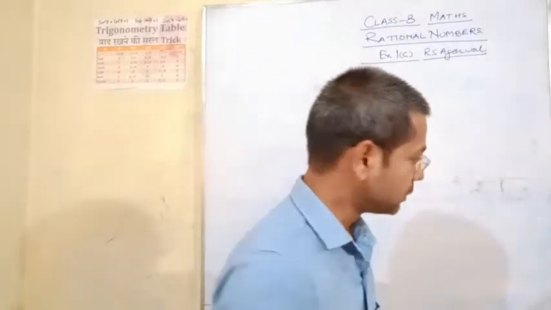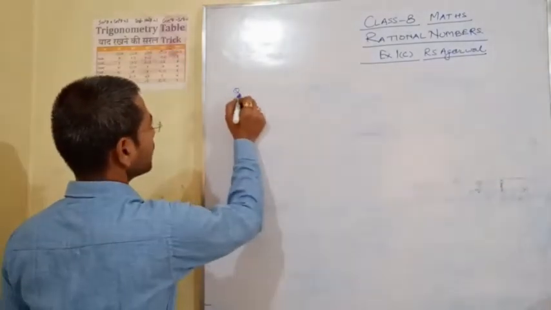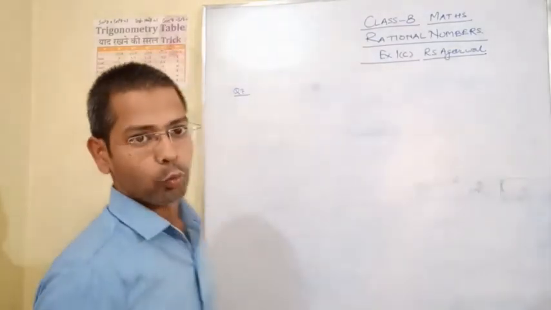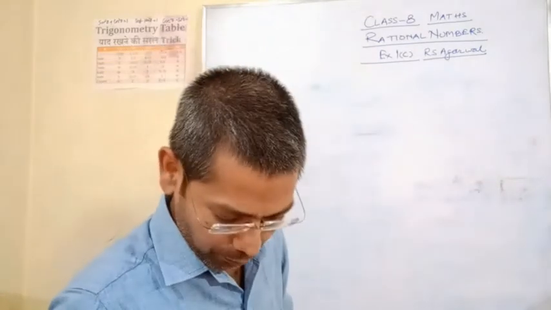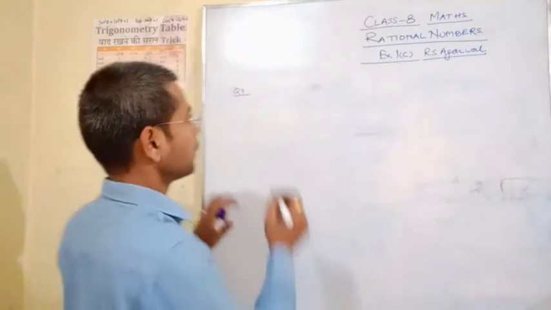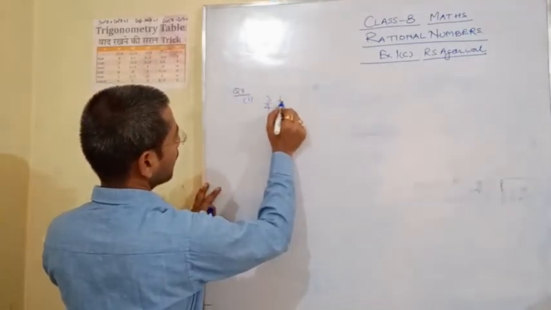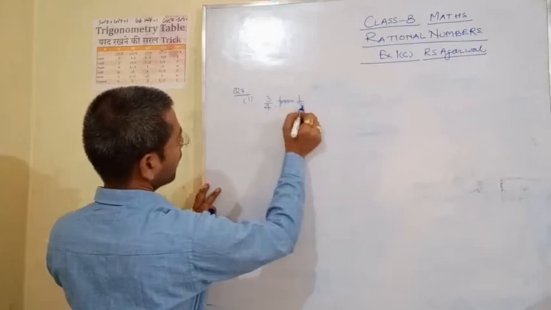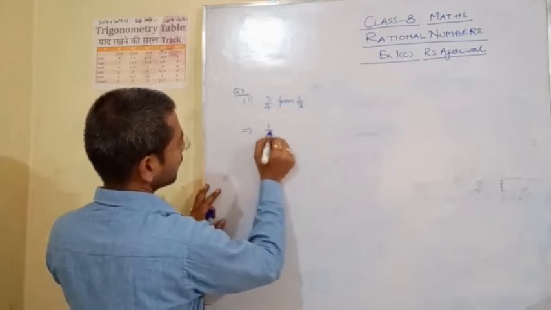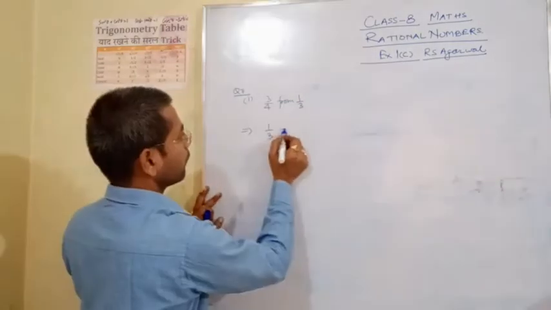Now comes subtraction. Question number 7. Subtract 3 upon 4 from 1 upon 3. From 1 upon 3 subtract 3 upon 4.